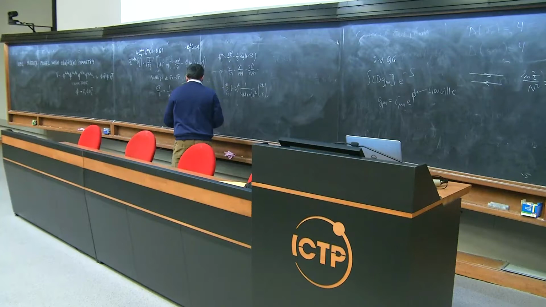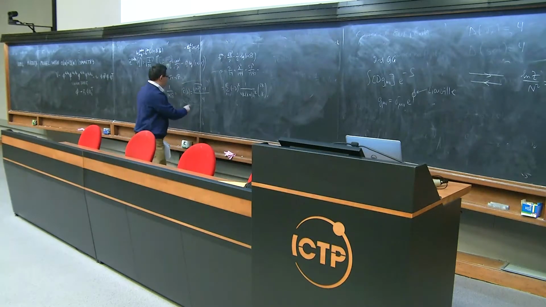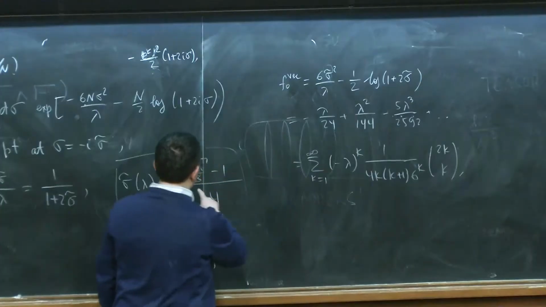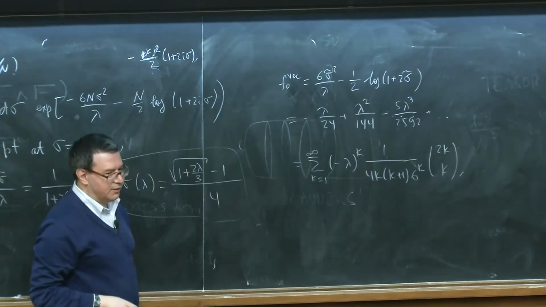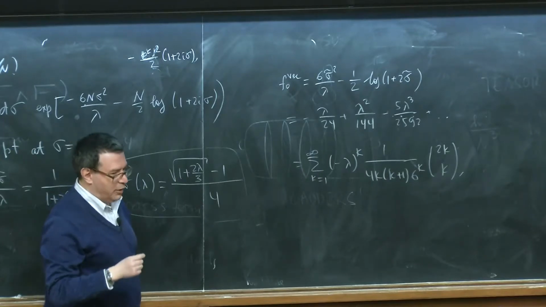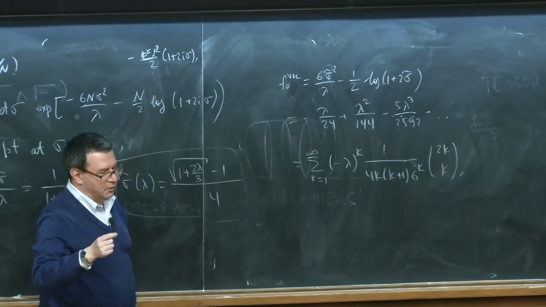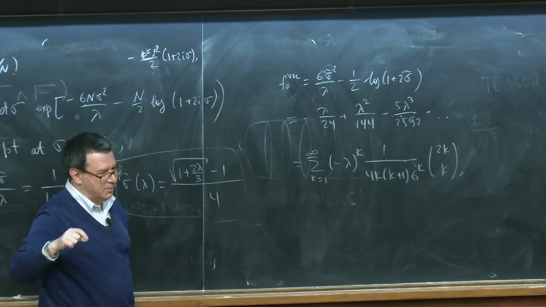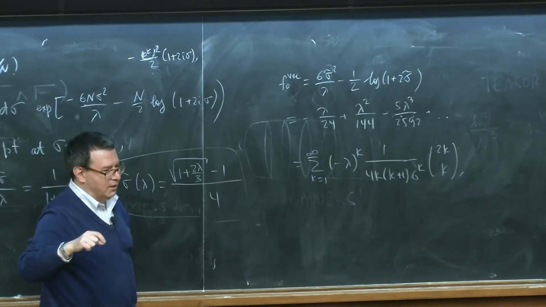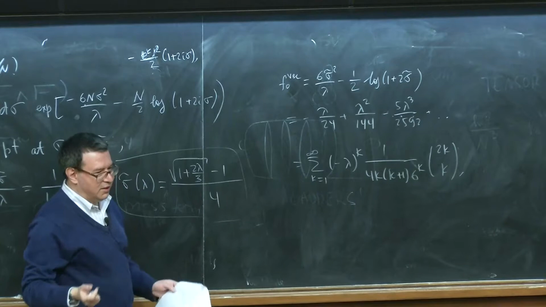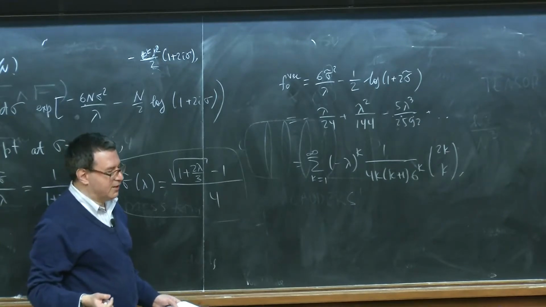Okay, and the really interesting thing is that you see this expression makes sense even for negative lambda, right? Remember, we're dealing with a theory where when g is positive, the potential is positive, but when g is negative, the integral, strictly speaking, does not make sense.